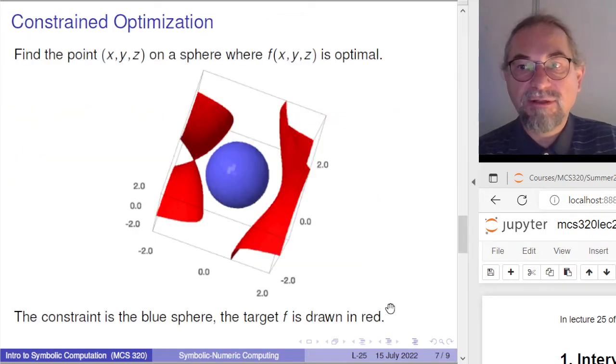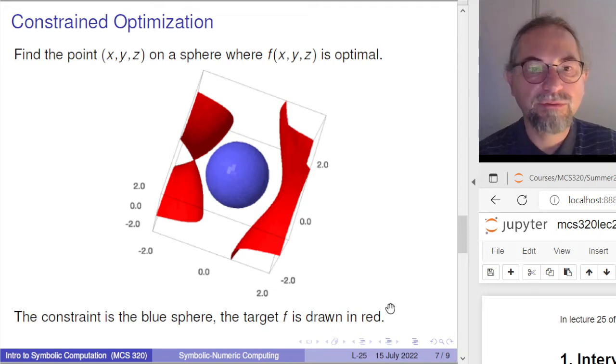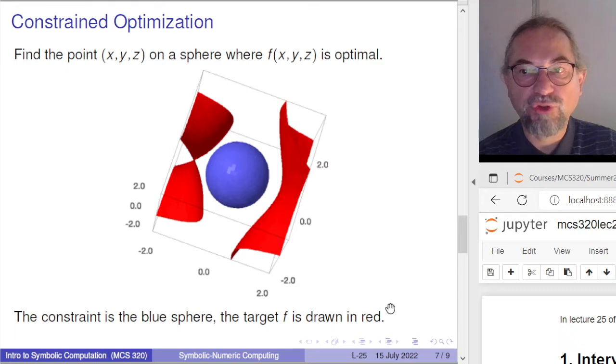Okay, so then the last topic that I would like to illustrate is the use of a solver. So we will make the transition to a new chapter where we will solve polynomial equations, differential equations, linear equations, and look over polyhedral optimization.